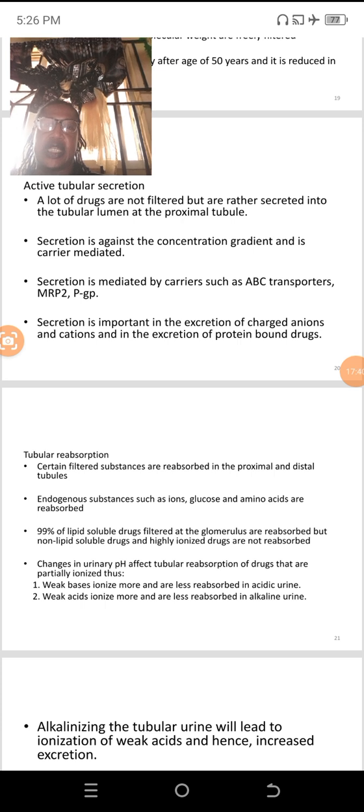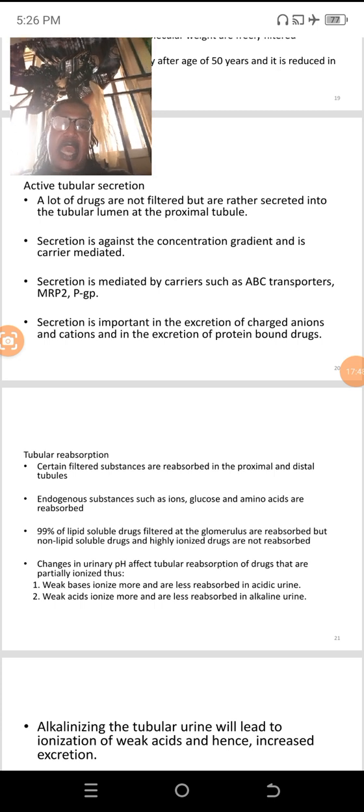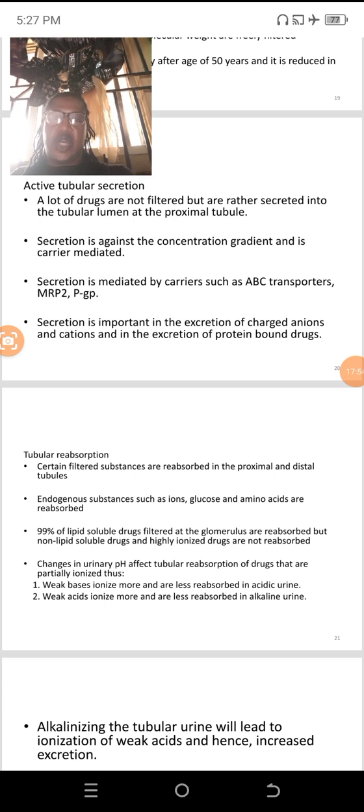Then 99% of lipid-soluble drugs filtered at the glomerulus are reabsorbed, but non-lipid-soluble drugs and highly ionized drugs are not reabsorbed. So changes in urinary pH affect tubular reabsorption of drugs that are partially ionized.